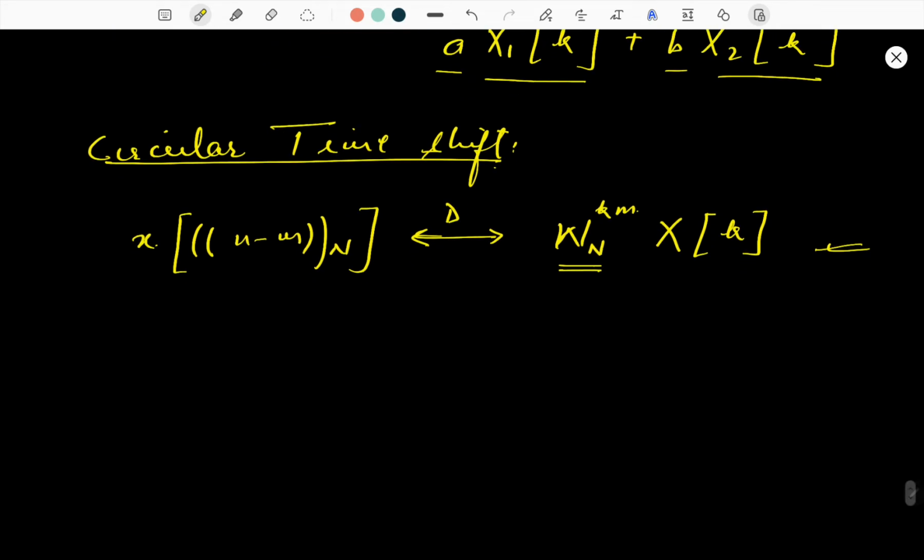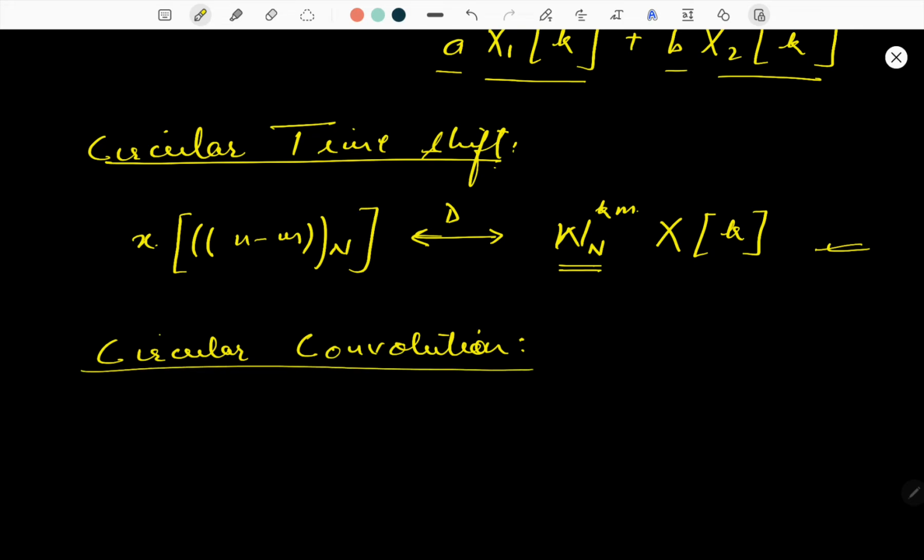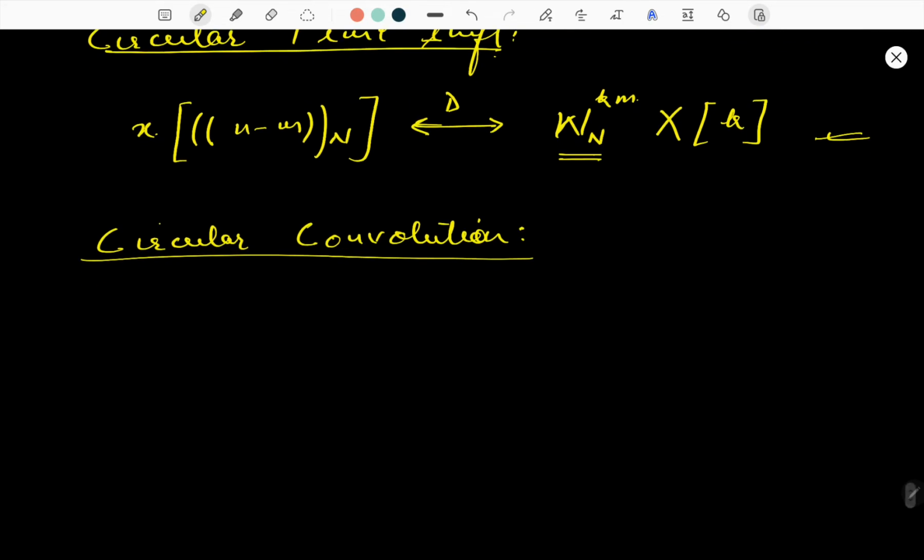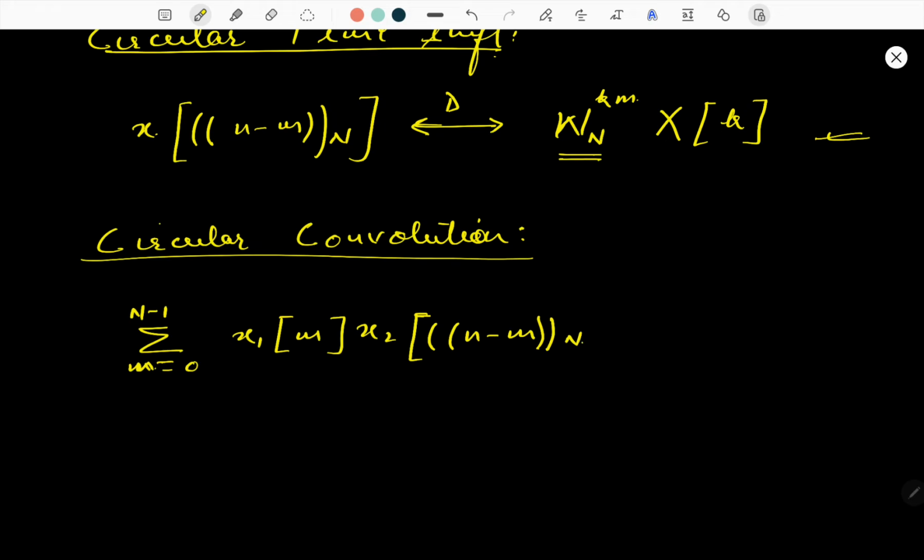Next is the circular convolution. Circular convolution can be written as summation m equals 0 to N minus 1 of x1(m) and x2(n minus m), for any value of n.